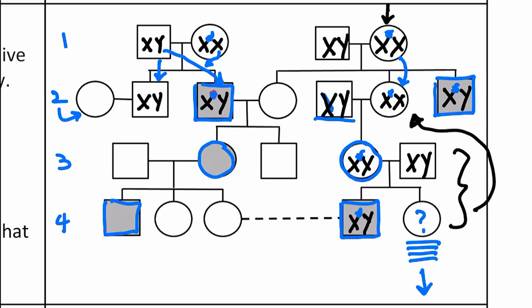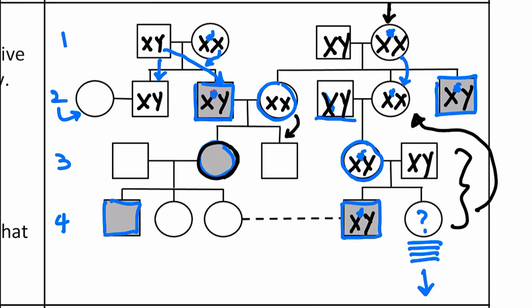Okay, going over here, this individual can be a couple different things. It's a female, so it's definitely XX, but I don't know if it's a carrier or not. So what do we do? We look at the offspring, and I see a circled female here that is showing the disorder.